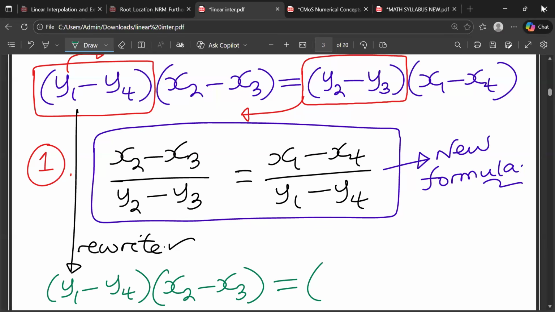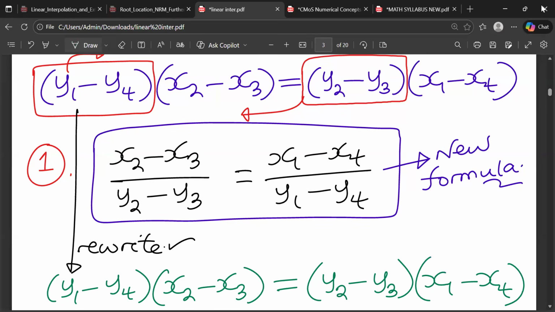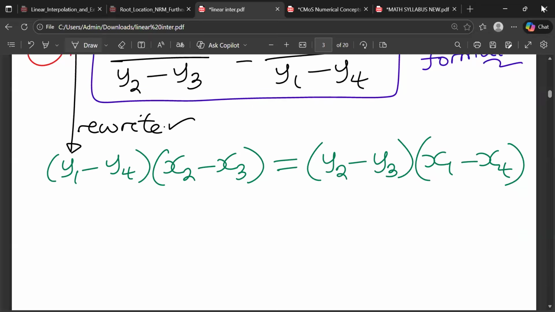Those who never understand both do not exist. Then y2 minus y3, then last we have x1 minus x4. This is what they call appreciating the beauty of math.